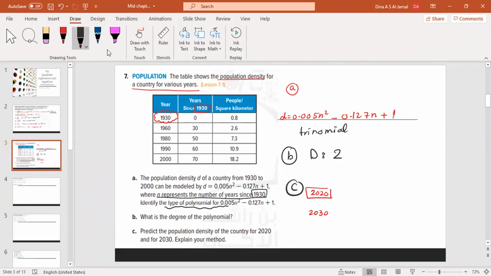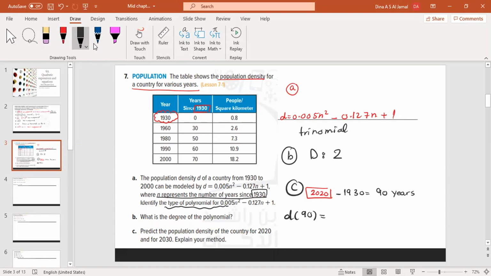So all what you need to do is that you need to calculate from 2020 until 1930. So this will be giving you 90 years. That means you will be using this 90 years and you will be substituting in D with 90, and all of it will be normal substitution.